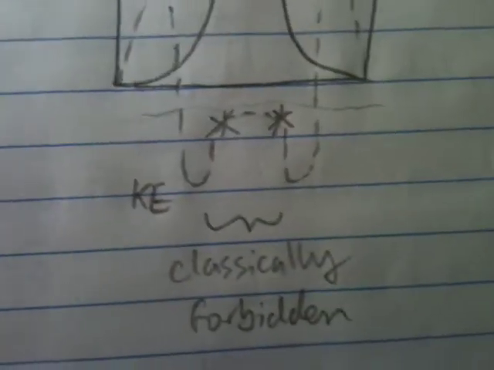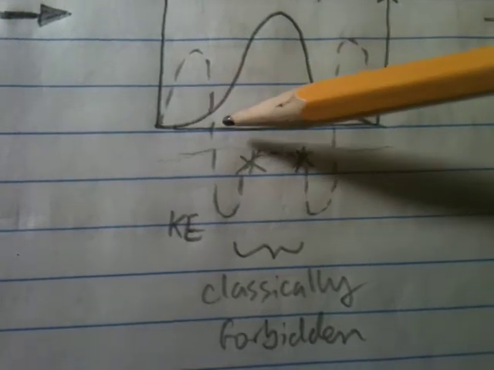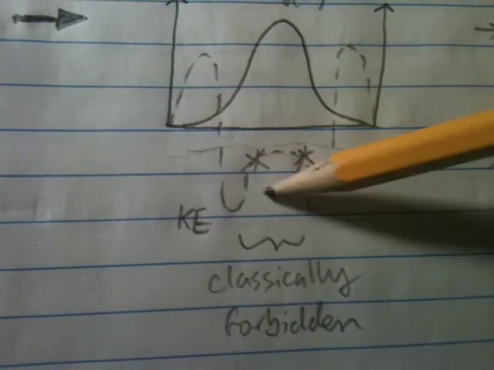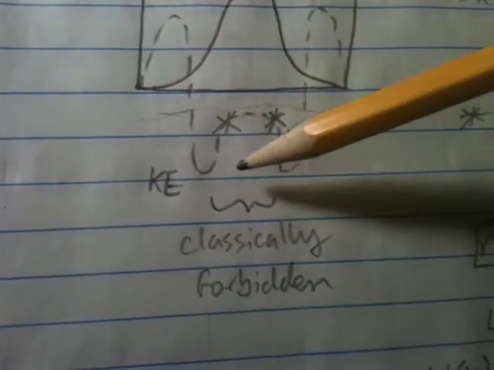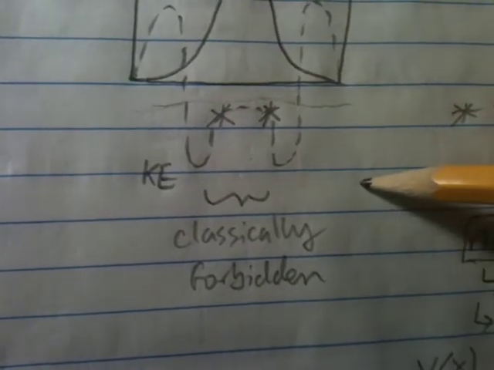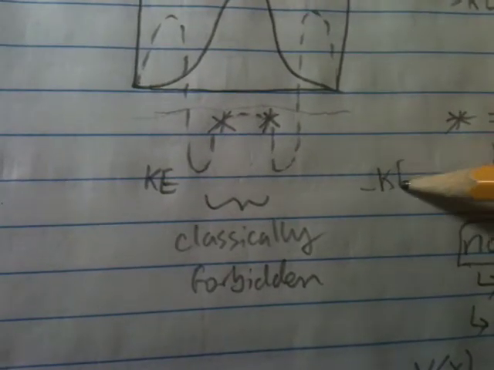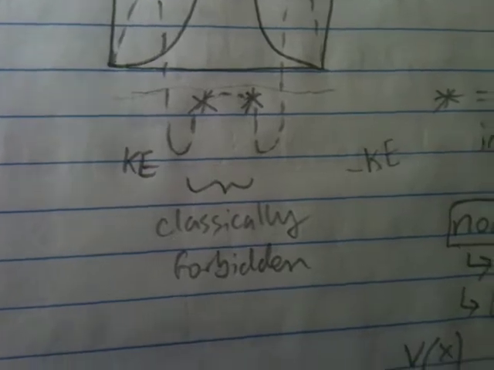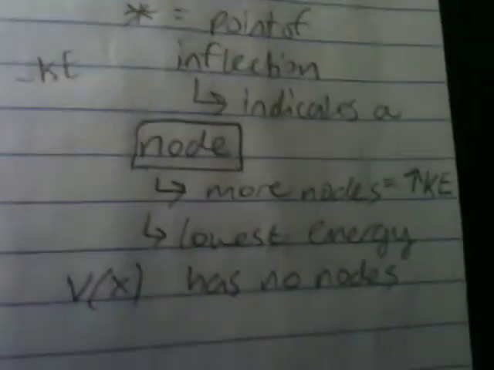Here, the node occurs when it's below the x-axis, and this is classically forbidden, because what does that give us? This gives us a negative kinetic energy. Isn't that crazy? That's so crazy, right?